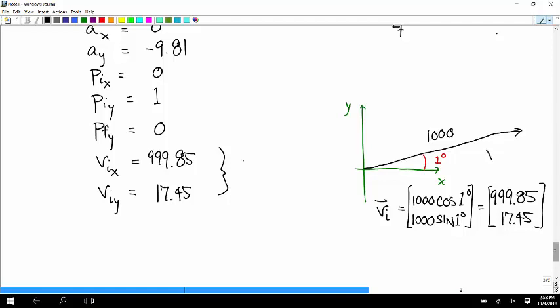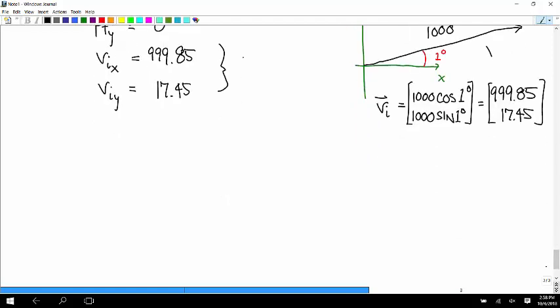So let's calculate the time. At that speed, that's exactly right. Because again, that x and y motion, they don't care about each other. It's just a matter of the y motions.